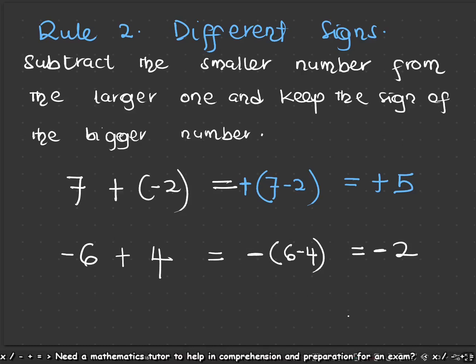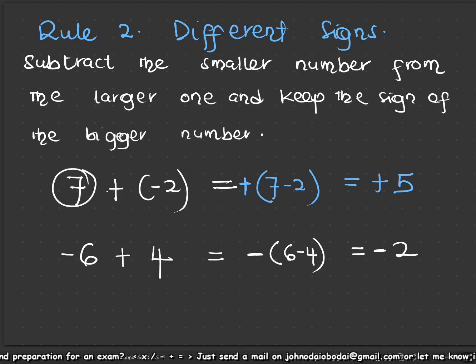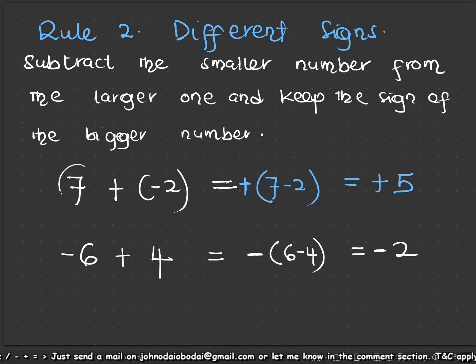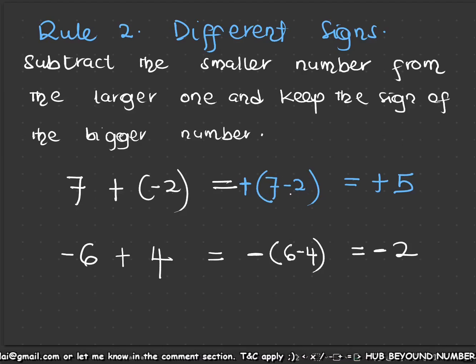I'm taking the rule again. It said if we want to add different signs, then let's subtract the smaller number from the larger number and keep the sign of the bigger number. For this first one, we took 7 plus negative 2. 7 and 2, which one is bigger? It is 7. So in that case, let's take out the 2 from the 7, so that becomes 7 minus 2. The answer we get is 5.